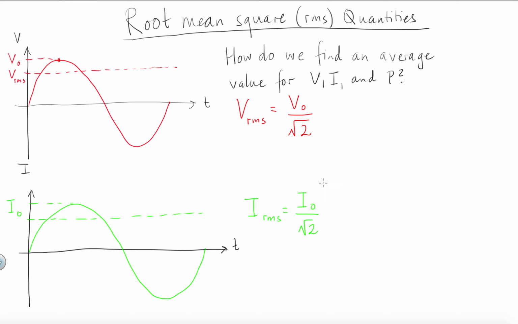Then we can also talk about the average. By combining these two, we can also talk about the average power, or P bar. Bar is commonly used to denote averages.